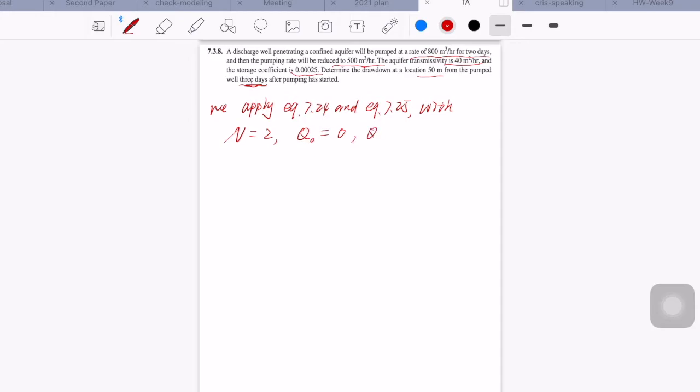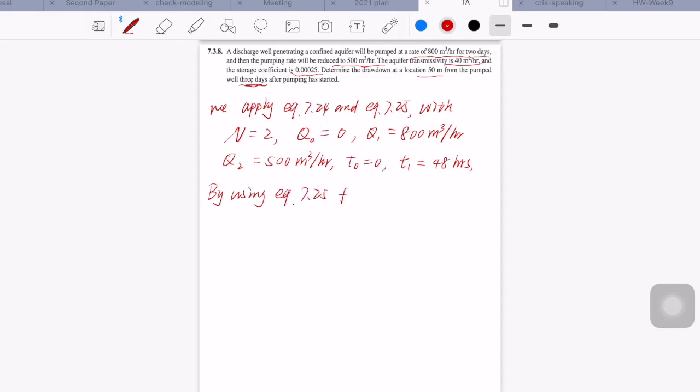And we know Q1 is 800 cubic meter per hour, and the Q2 is 500 cubic meter per hour, and the T0 is 0, and the T1 equals 48 hours.